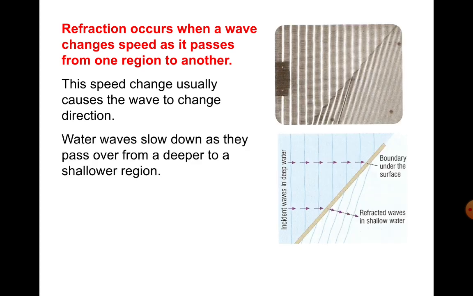Okay. Now let's look at the water wave, and let's see what we see. On the upper picture you see water waves, and there is a triangle border. Now we see clearly that behind the border the water waves are going to bend.